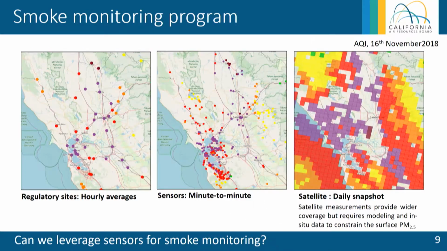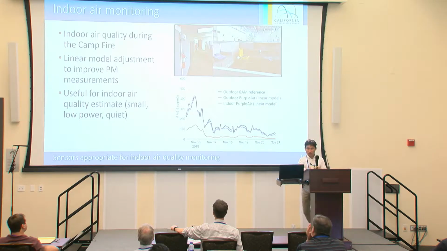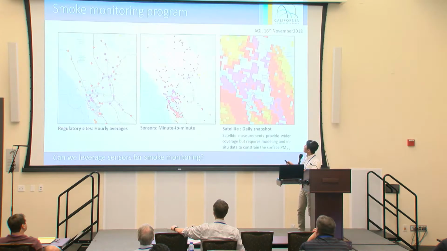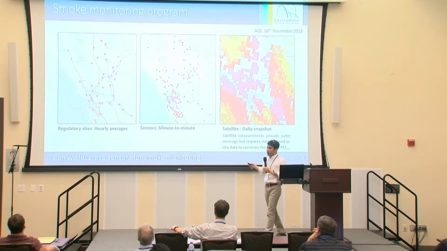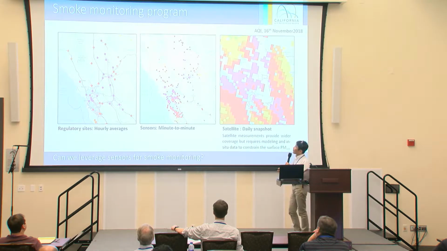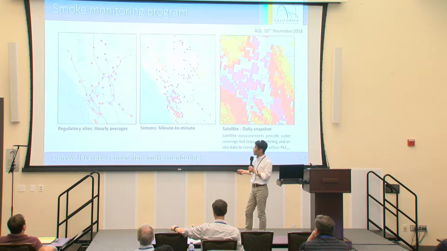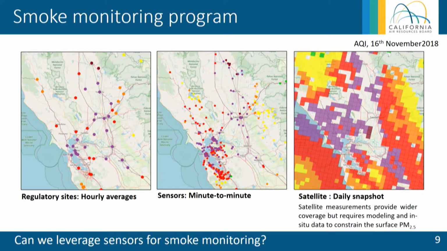Let's move on to another example. Let's widen the scope from the indoor to a bit bigger scale. Smoke monitoring program deploying the FEM instrument over California. The regulatory sites are very sparse, and they provide hourly averages. But now AB 617 kicked in, so we expect community level air monitoring.